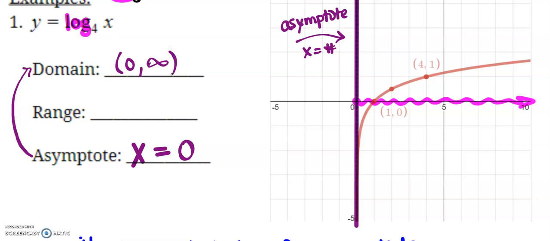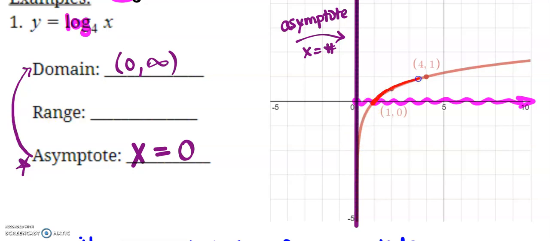And by the way, I didn't mention this in the earlier video, but the reason why the 0 doesn't have a bracket around it is because we are never going to be equal to 0. The asymptote is actually indicating that we can't be. We're approaching but never touching. We're getting close but never equal. Okay? So then let's talk about this other piece of our characteristic, which is our range.